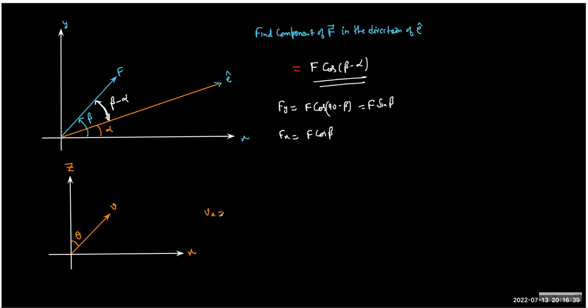Now here we have V as the vector. I'm not using the F symbol, I'm using the V symbol. What can I write here? V cos 90 minus theta. Exactly. So what is Vy? V cos theta. Simple. Is it sin and cos or is it logical? It's not sin and cos, right?